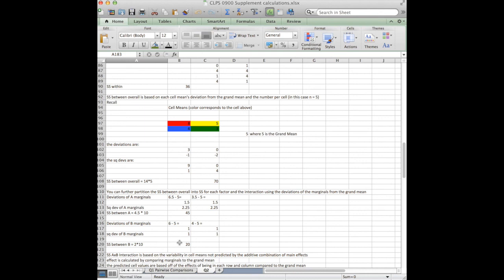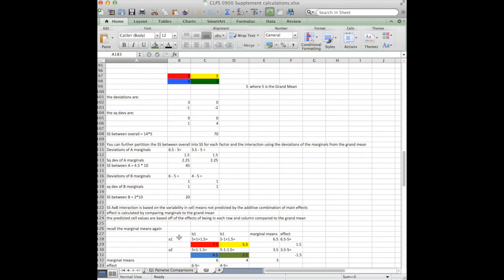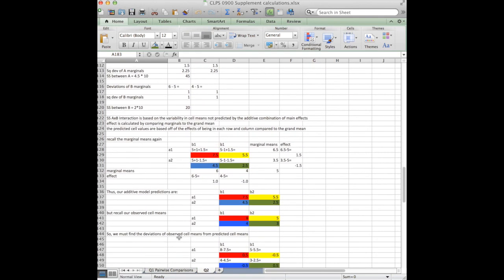The last thing that we can partition sums of square between overall into is the interaction term. And now we know that the interaction term is based on the variability in the cell means not predicted by the additive combination of main effects.